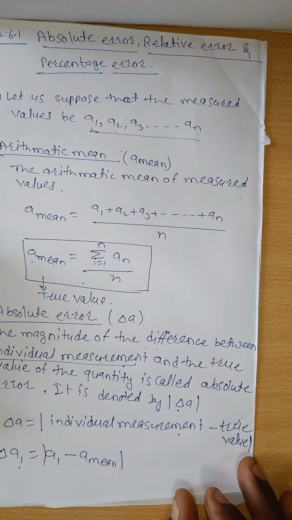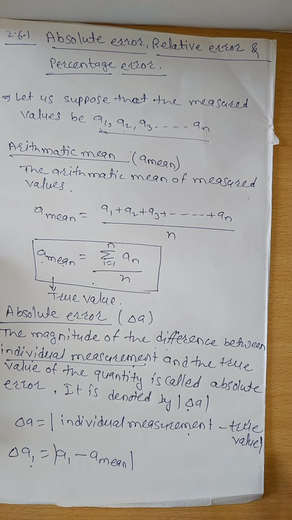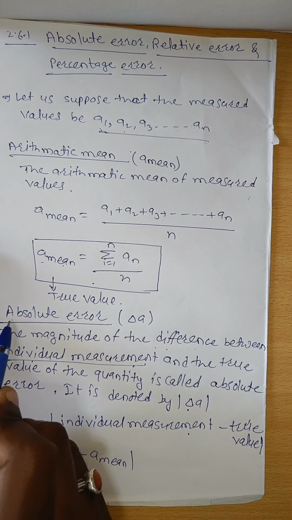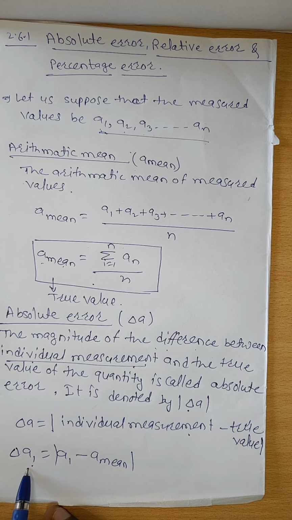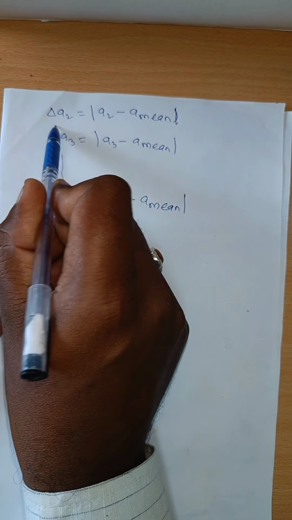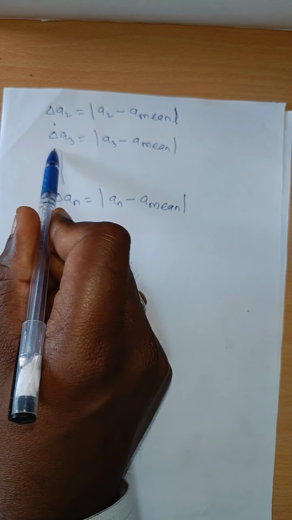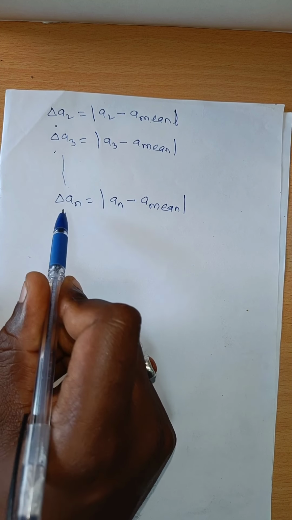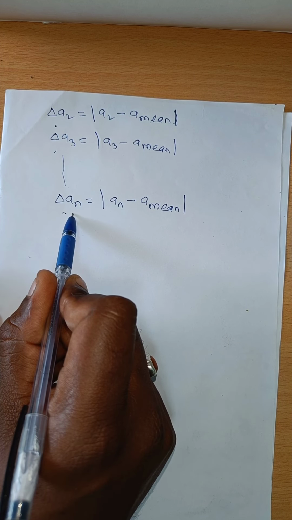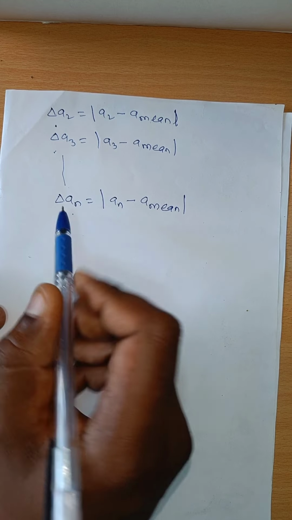Delta A1, delta A2, delta A3, up to delta AN are all absolute errors. Delta A1 is the absolute error of the first measurement, delta A2 of the second, delta A3 of the third, and delta AN is the absolute error of the nth measurement.